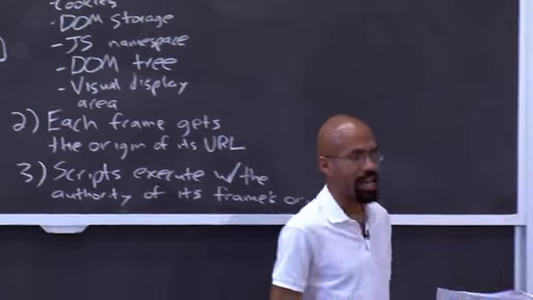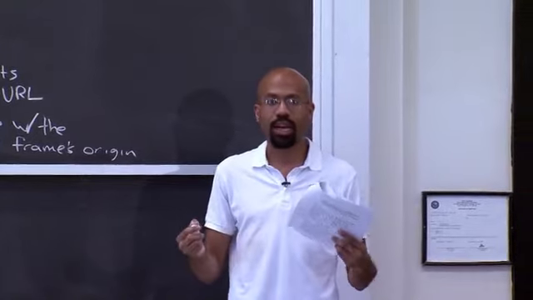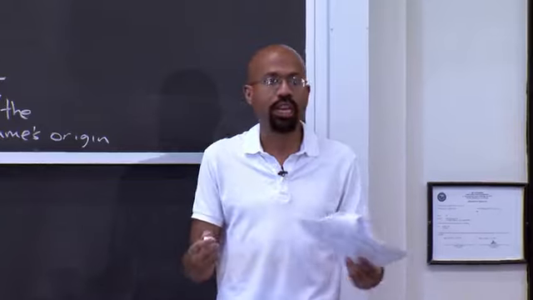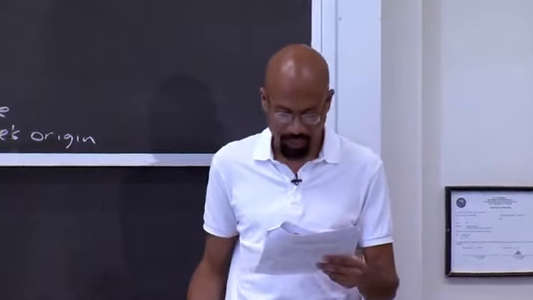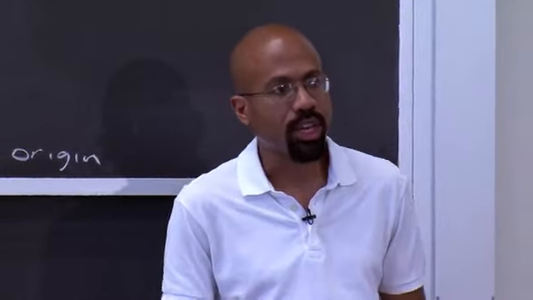Okay, so what that means is that foo.com imports a JavaScript file from bar.com. Well, that JavaScript file is going to be able to act with the authority of foo.com. And so, loosely speaking, this is sort of similar to, if you were in the Unix world, to run a binary that sort of belonged in someone else's home directory, right? That thing would sort of execute with your privileges there.